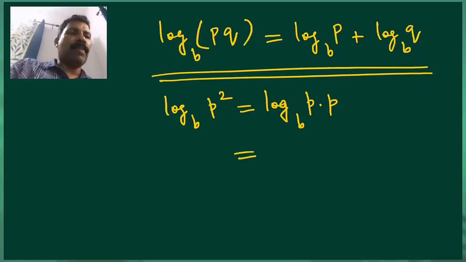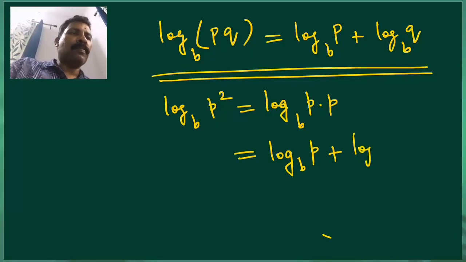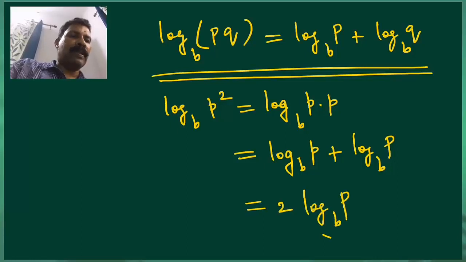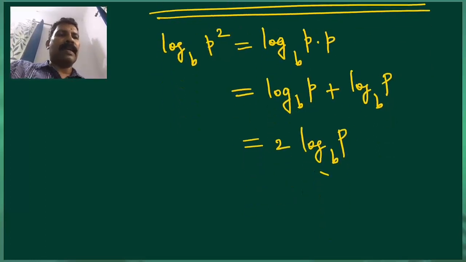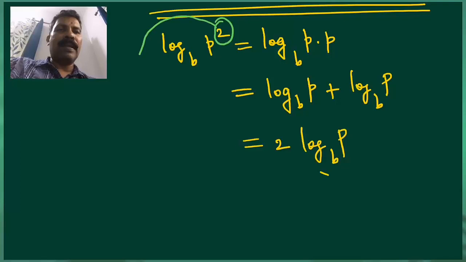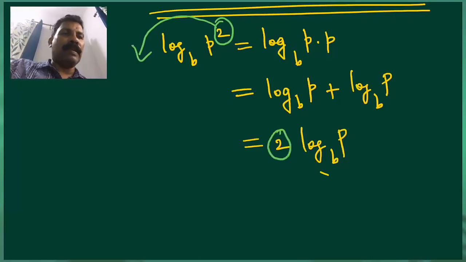Then using the above, log p to the base b plus log p to the base b, that is 2 times log p to the base b. Or simply speaking, the power 2 here comes in front.